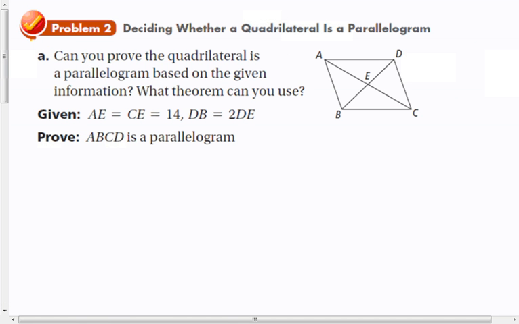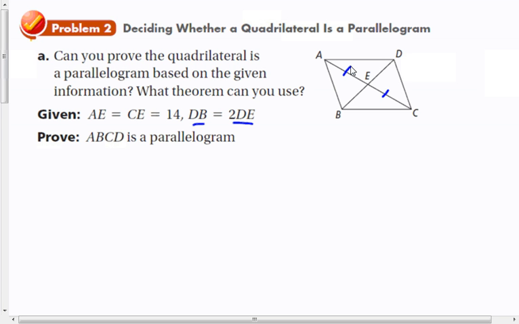All right, to decide whether a quadrilateral is a parallelogram, we're going to use one of those theorems earlier. So can we prove that this quadrilateral is a parallelogram based on the information? What theorem can we use? So it says AE is equal to CE is equal to 14. So those are the same. And we also have that DB is equal to 2 times DE.